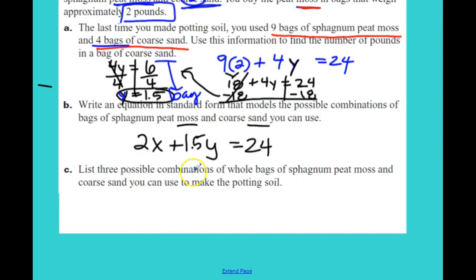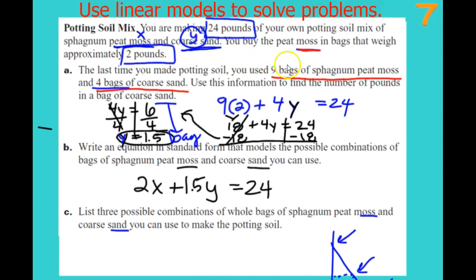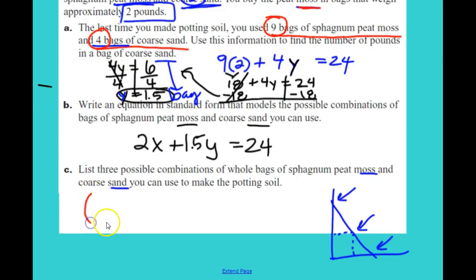And now it says list 3 possible combinations of whole bags of peat moss and coarse sand you can use. There is one in your homework where you actually have to graph this. And 3 combinations, we've done this before, where we're looking for 3 spots on the graph that we can find to list as a combination. For example, they gave us one combination already. They said we could use 9 bags of one and 4 bags of the other. So I'm just going to list that.